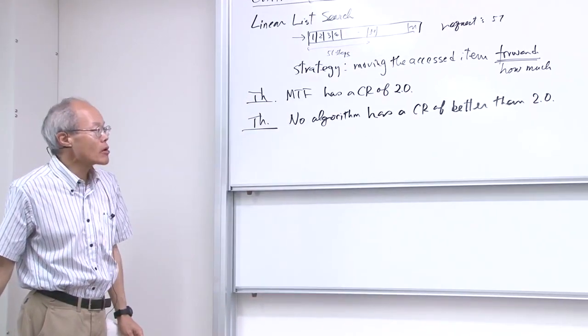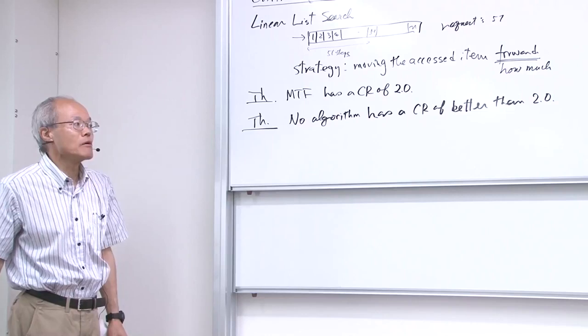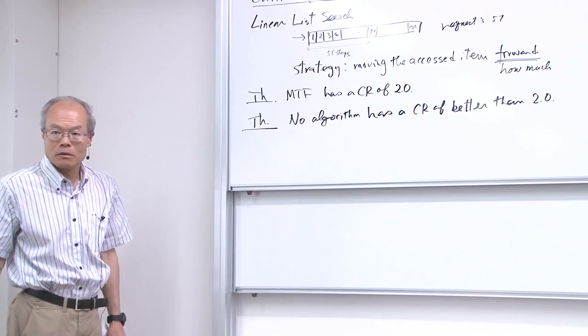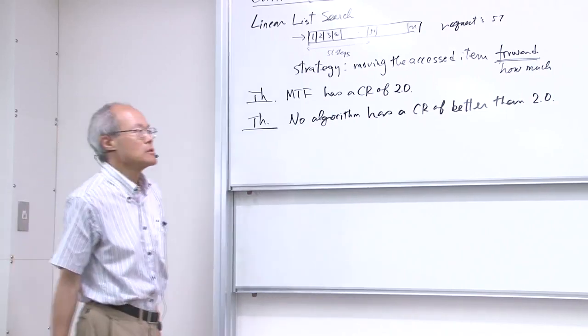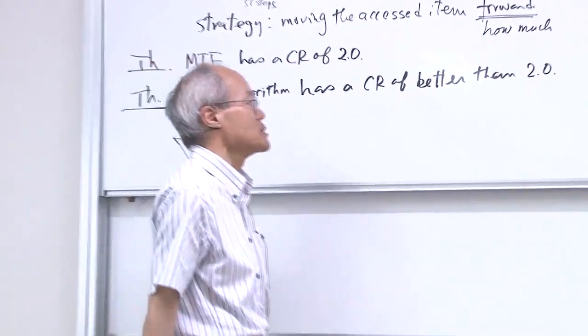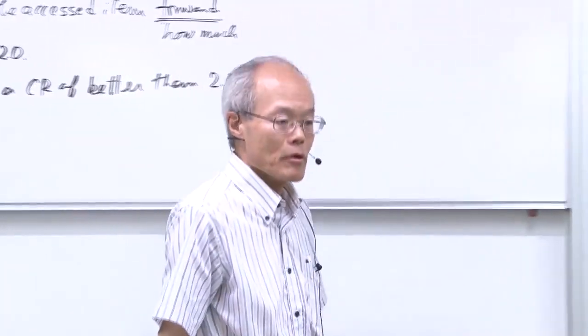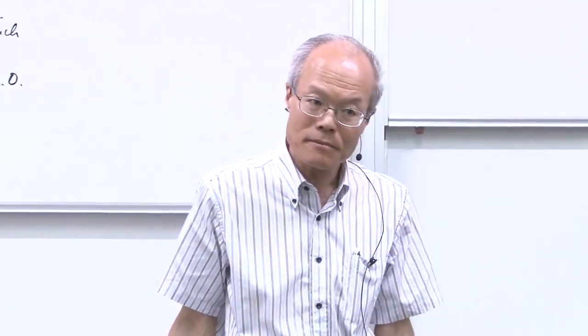Meaning, no algorithm has a competitive ratio of better than 2.0. No online algorithm has a competitive ratio of, for example, 1.99.